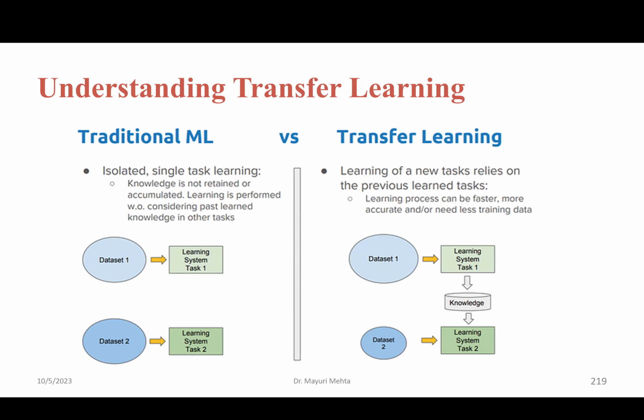So neural networks learn edges using earlier layers, shapes using middle layers, and some task specific features in later layers. Okay, so in transfer learning, the early and middle layers are used, and we only retrain the later layers.